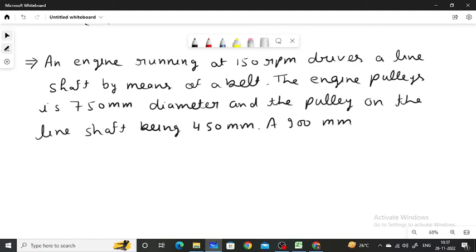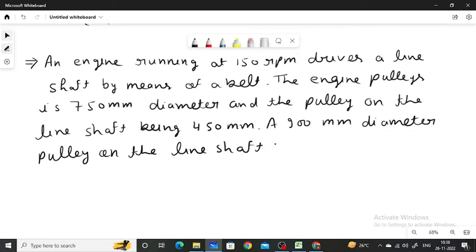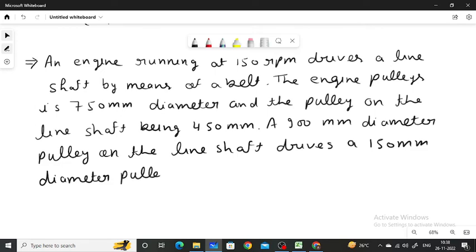A 900 mm diameter pulley on the line shaft drives a 150 mm diameter pulley keyed to a dynamo shaft.